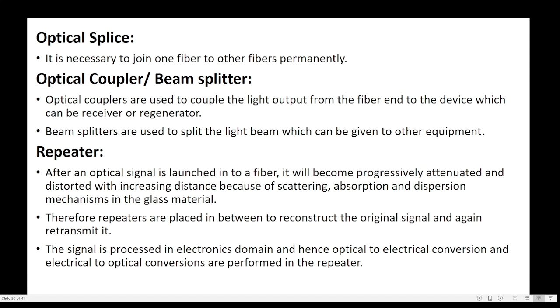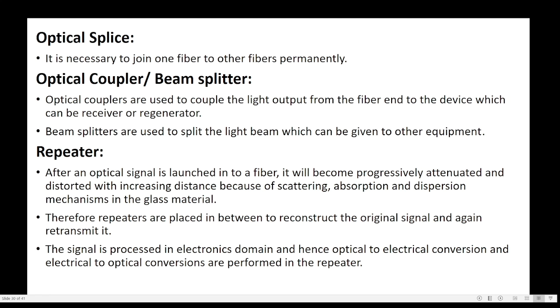Now, the repeaters, which are placed in between the transmitter and receiver. Repeater is an important tool. After an optical signal is launched into a fiber, it will become progressively attenuated and distorted with increasing distance because of scattering, absorption and dispersion mechanisms in the glass material.